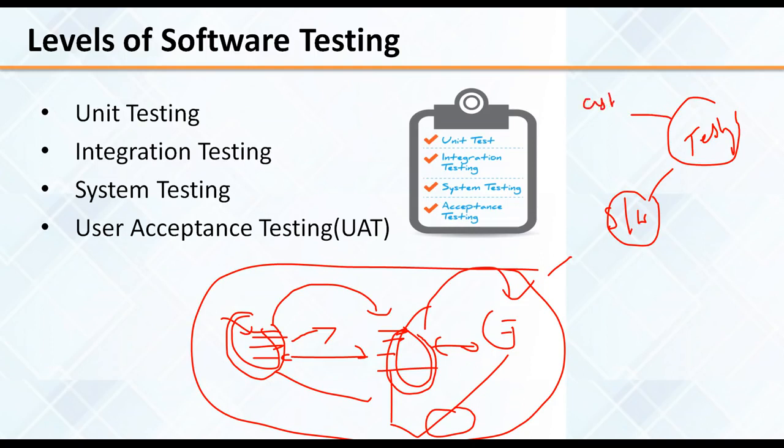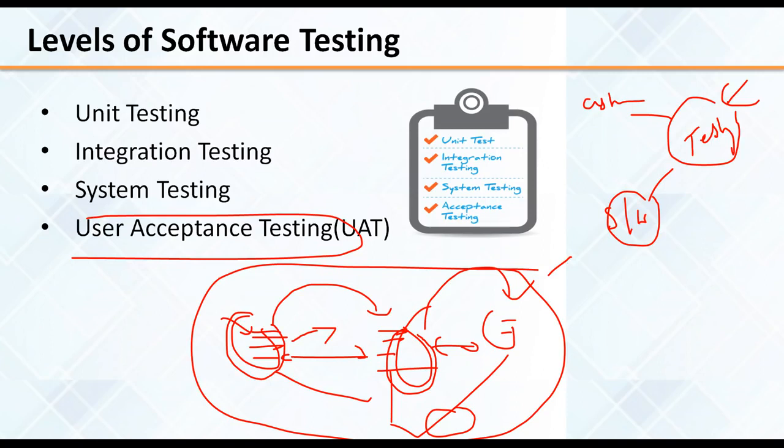Here we will execute all our test cases and report the defects to the development team. That is system testing. Once our system testing is completed, customer side people will perform user acceptance testing, whether our software is working according to their requirement or not. In their environment, they will test it. That is user acceptance testing.